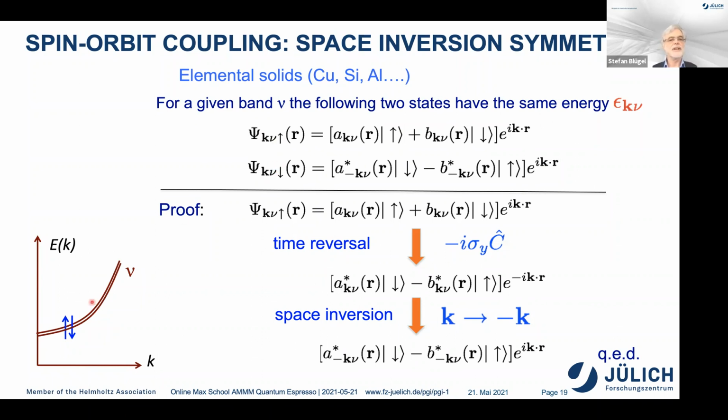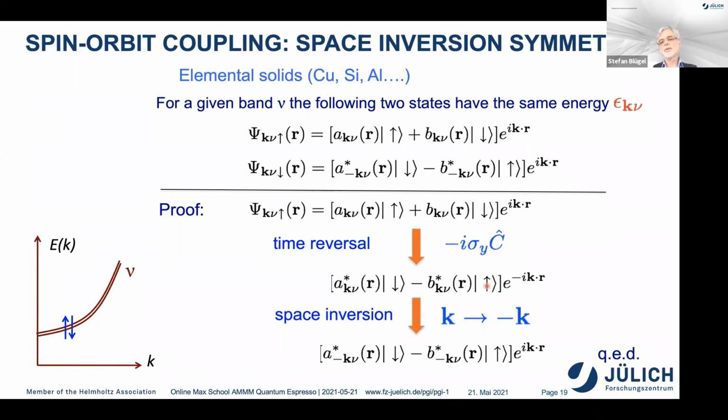How do you prove this? You take this wave function here and apply time reversal symmetry. That means you have to take this Pauli matrix sigma times minus i times the complex conjugate. And what it does for you is that time inversion means k goes to minus k.